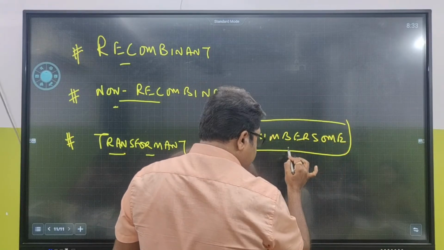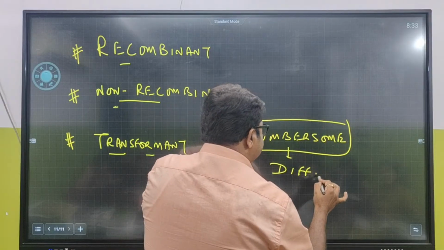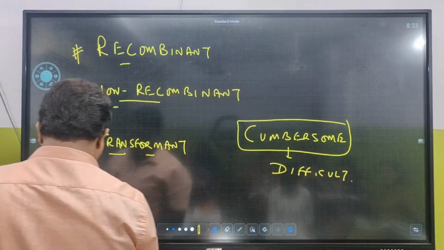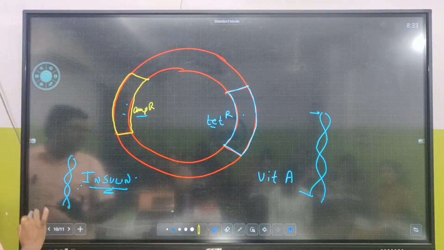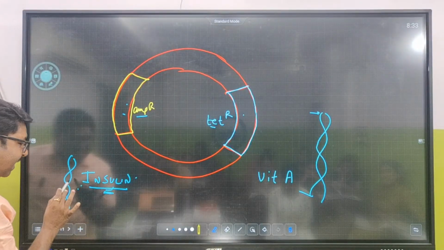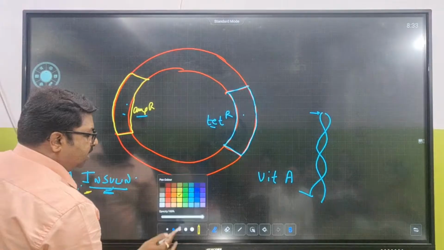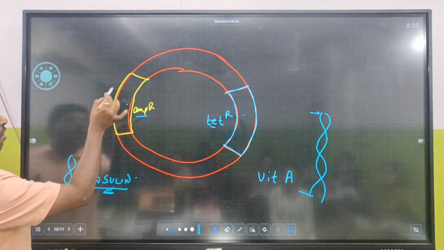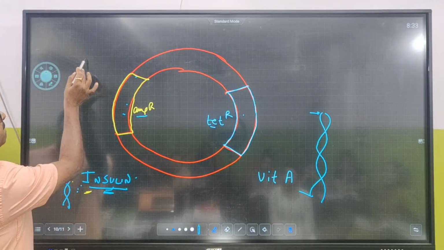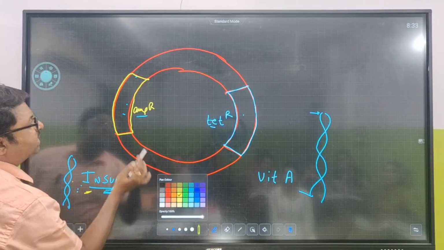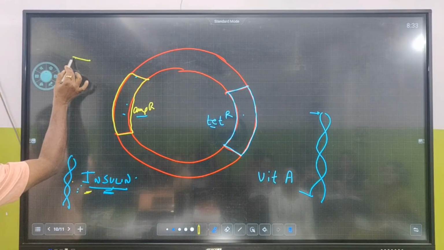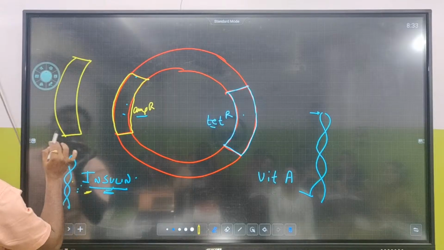Why is it cumbersome? Because it is a difficult process. Now let's get back over here. Say for example, if insulin forming DNA cuts off this ampicillin site, say this ampicillin site is not there.